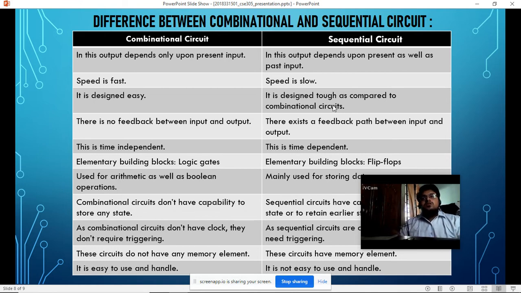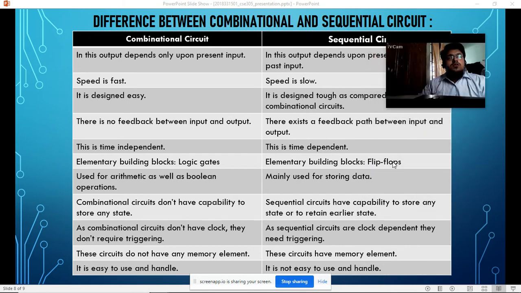The elementary building blocks are logic gates for combinational circuits, and flip-flops for sequential circuits. The combinational circuit is used for arithmetic as well as boolean operations, and the sequential circuit is basically used for storing data, because we have already shown that there is a memory element part where we store our data.